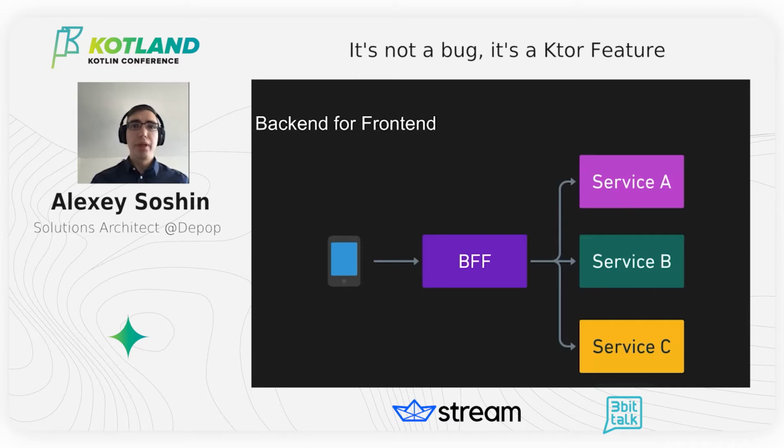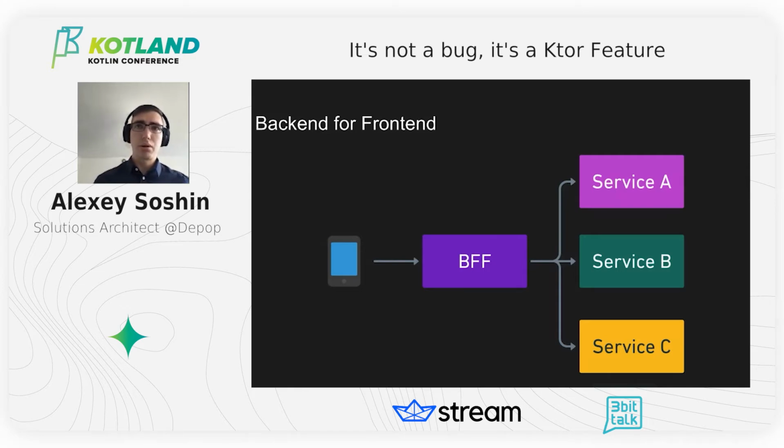At Depop, we embrace the backend for front-end architecture. For those that aren't familiar with the backend for front-end pattern, its idea is pretty simple. For every major action or screen you have on your device, you provide a single gateway that will produce the results in the best format possible. So we have about 30 of the services that serve all our major functions.